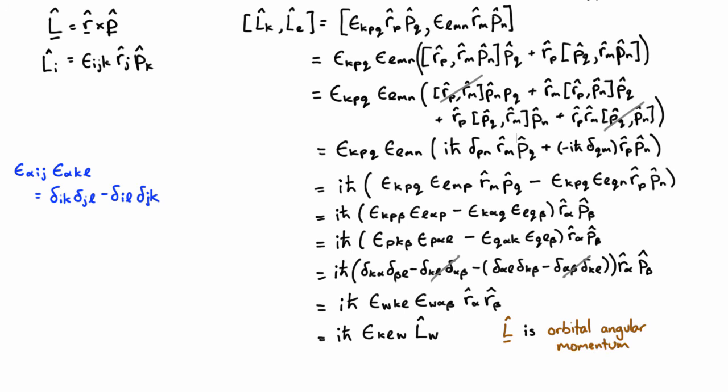So L is the generator of rotations for a particular Hilbert space. It's the generator of rotations for a wave function with a single component. For example, you discussed it when you were looking at a particle in a central potential.